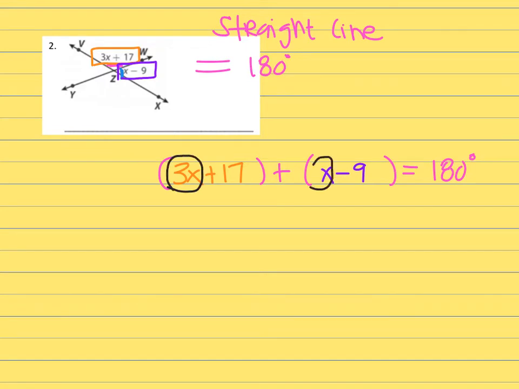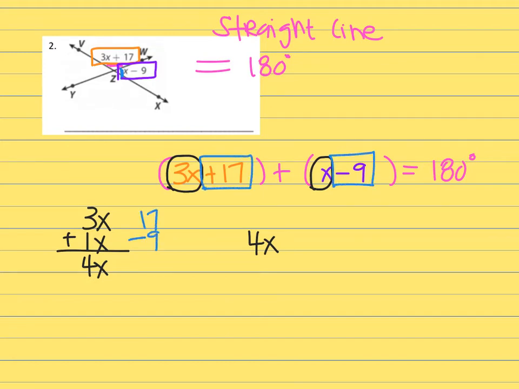I'm going to circle the things that are alike, my x's. I had 3. Then just x by itself means 1x. When you add those, you get 4. So my equation now is going to say 4x. Then I'm going to box positive 17 minus 9. So 17 minus 9, that is 8.